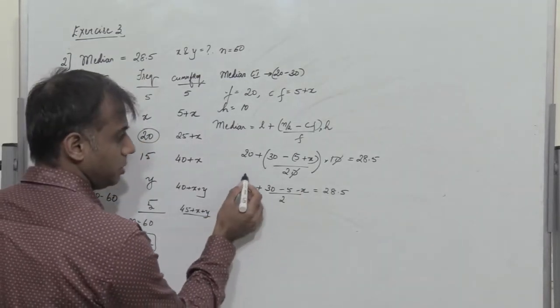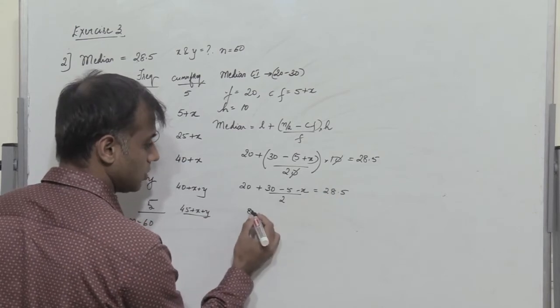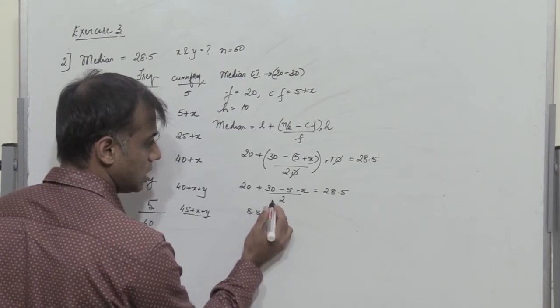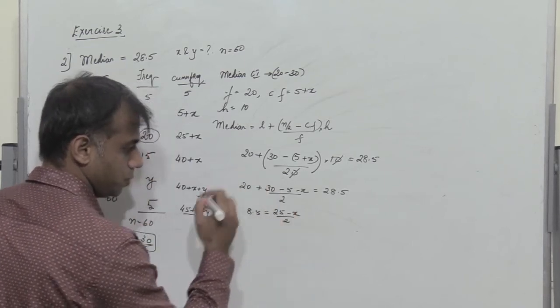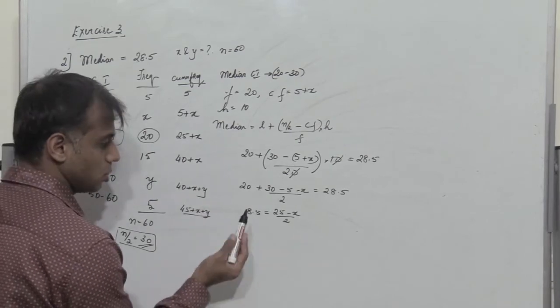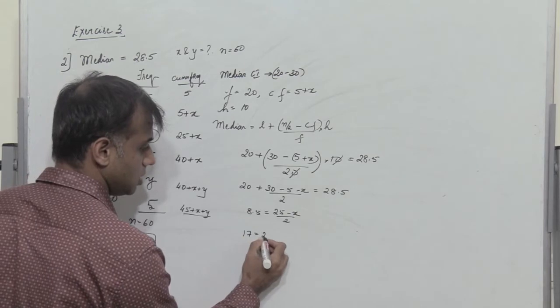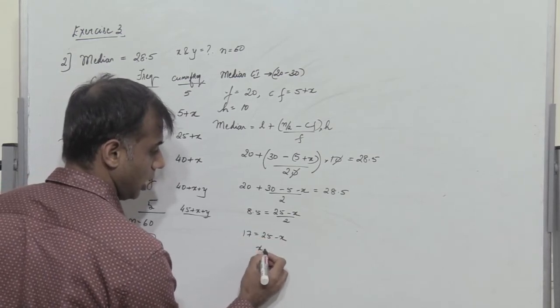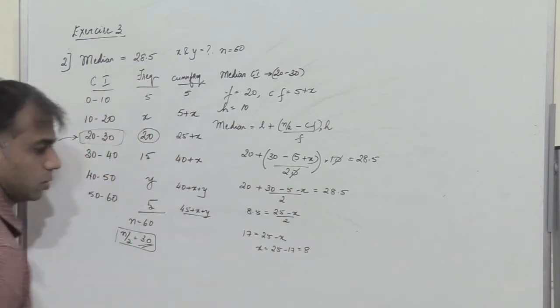Let me take 20 to the other side. So it becomes 28.5 minus 20, which gives me 8.5 equals 25 minus x divided by 2. Bring this 2 to the left-hand side. So I get 8.5 into 2, which is 17, equals 25 minus x, or x equals 25 minus 17, which is equal to 8.